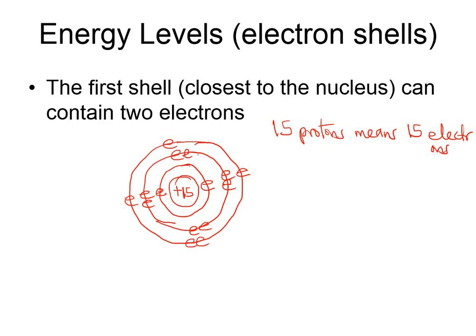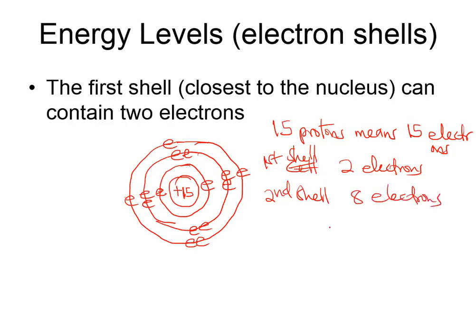The first shell has 2 electrons. The second shell has 8 electrons. The third shell has 8 electrons. So I'll say first shell, maximum 2 electrons. Second shell, that is shell, not cell, maximum 8 electrons.